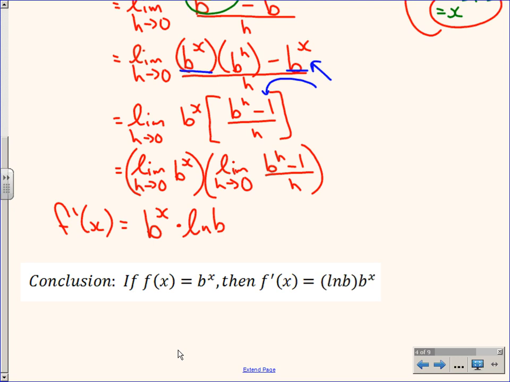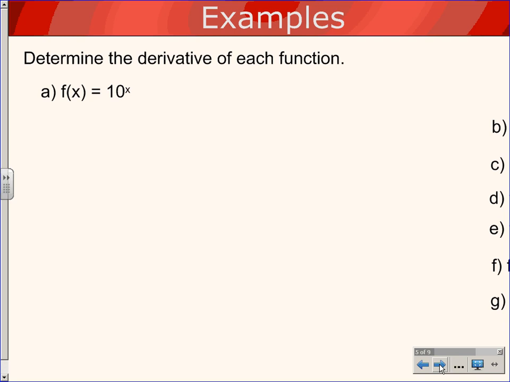So if we put those two parts together, the ln b times b to the x, that's going to give us derivatives for exponential functions with different bases. And that's what we want to practice with. So can we take a couple of derivatives here? 10 to the x, this is our, I suppose, most straightforward exponential function.